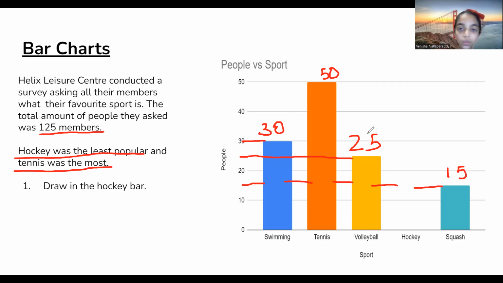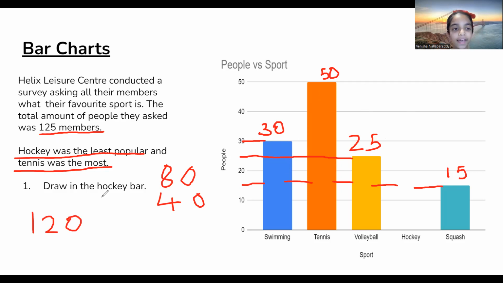And we need to add all of these values together. So what's 30 add 50? That's 80. And then what's 25 add 15? Well, 25 add 10 is 35, add the 5 is 40. So we need to do 80 add 40, which I think we can all do. That's 120. And we need to subtract that from 125.